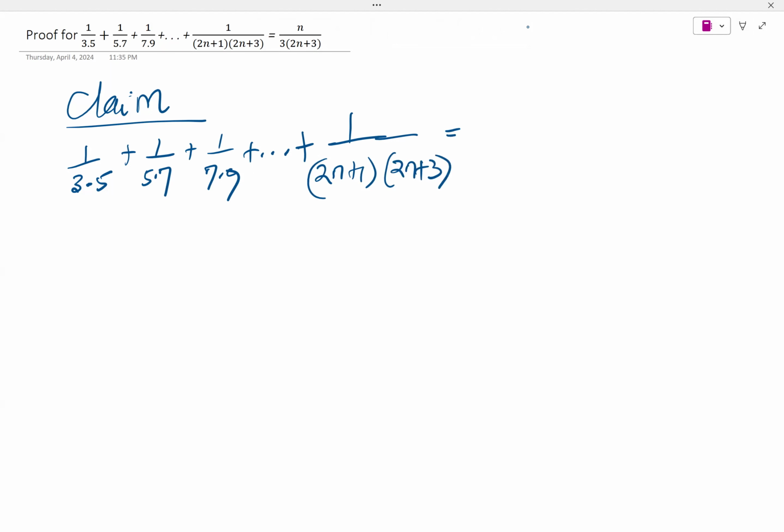Most times when you see dots here, it simply means multiplication, not decimal, so you have to be careful. So that is the claim.